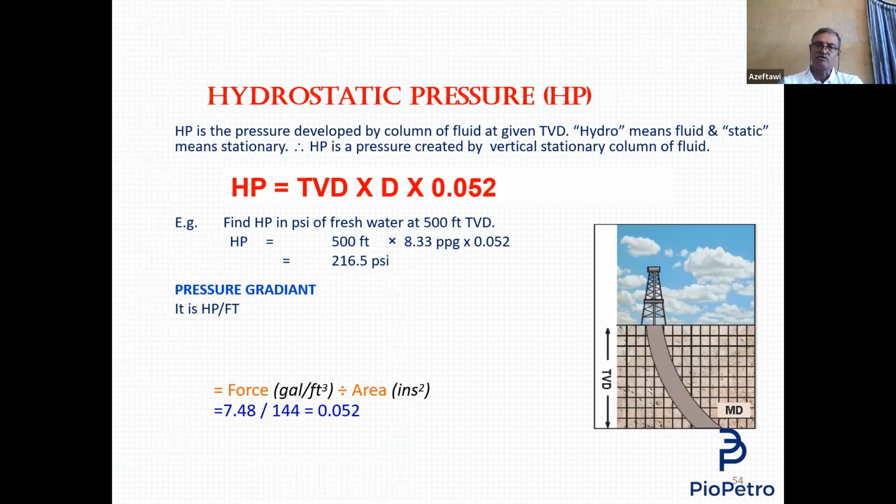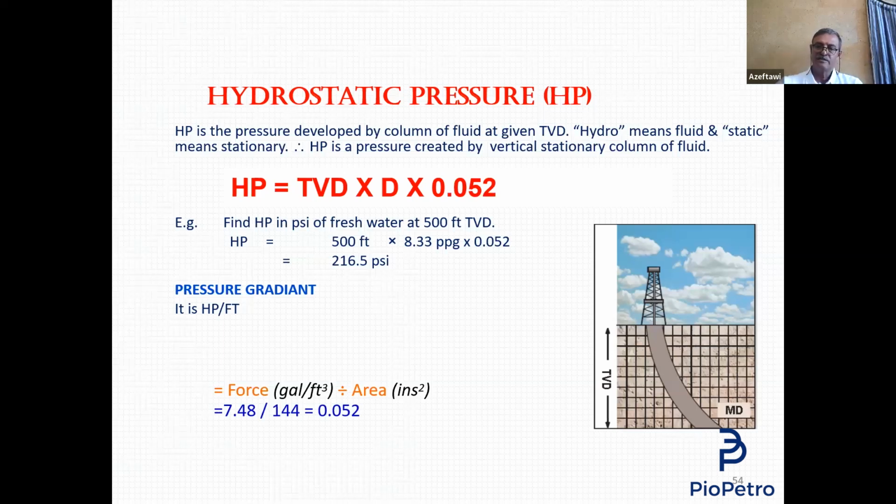We have another terminology we use, which is the pressure gradient. What's the pressure gradient? It is the hydrostatic head pressure per single foot. This is the definition of pressure gradient.